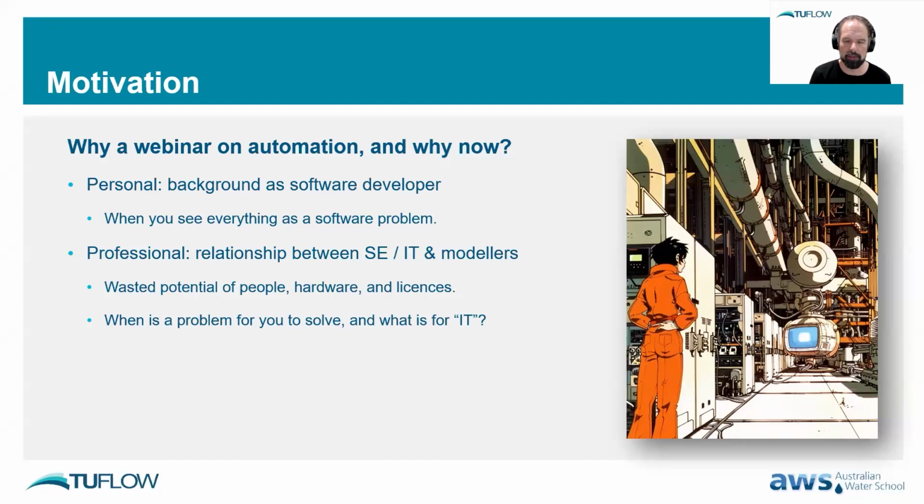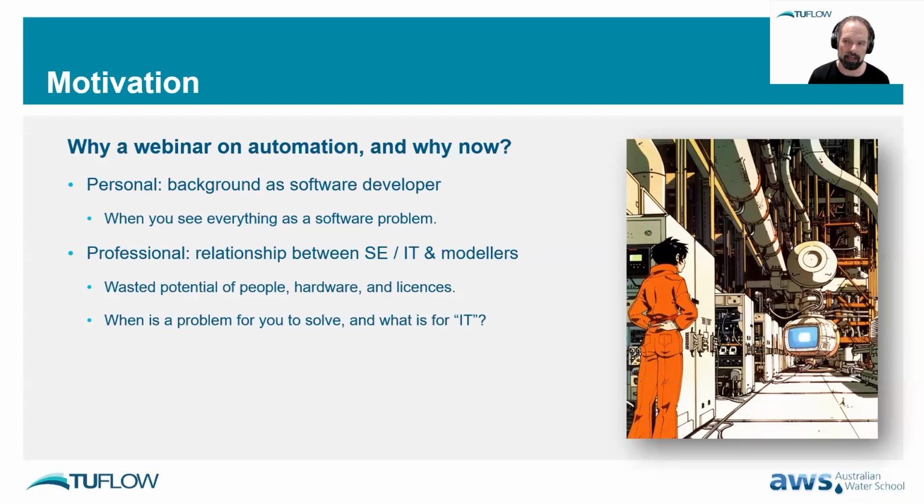Another question that comes up quite a bit, and it's something I'll pay a little bit of attention to, is when is a problem a problem for you to solve, and when is it a problem for IT? Very often I feel there's a big gap between what people feel IT should be solving and what IT thinks people should be able to deal with. And these are separate problems.